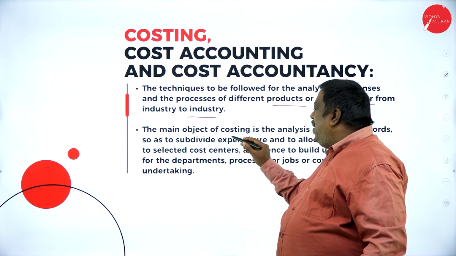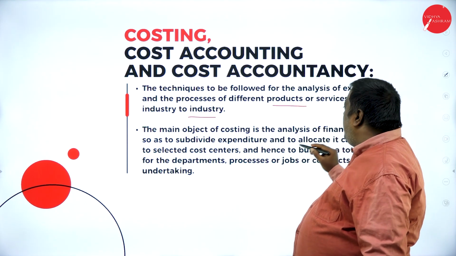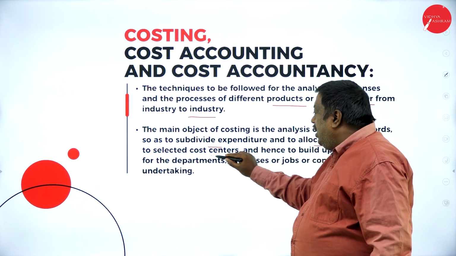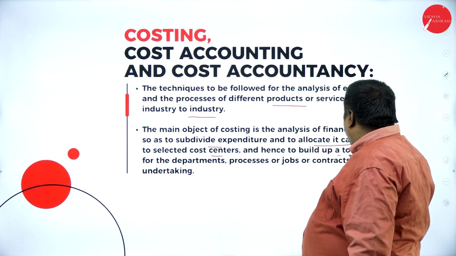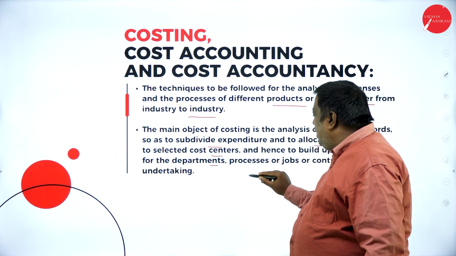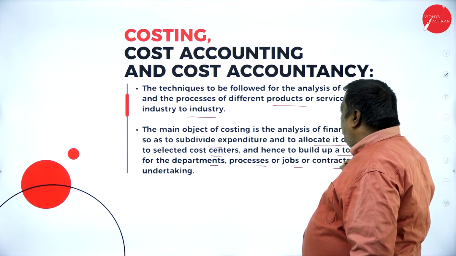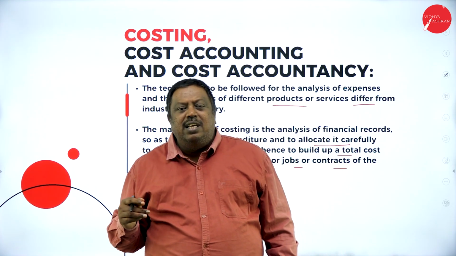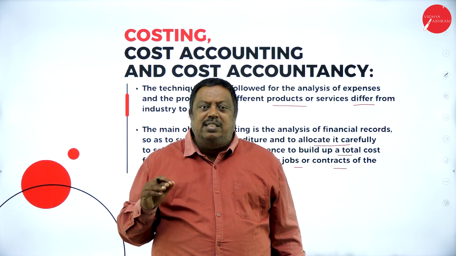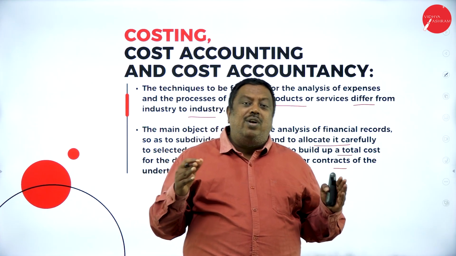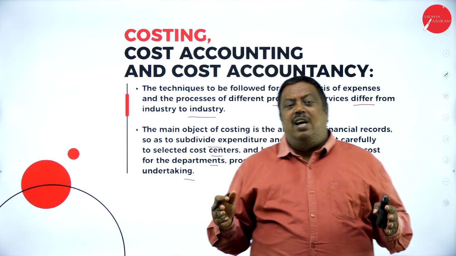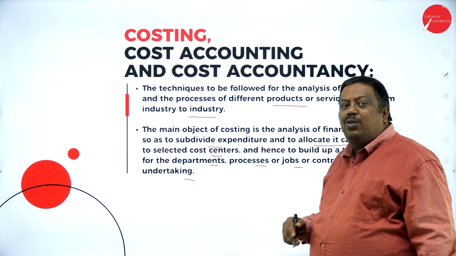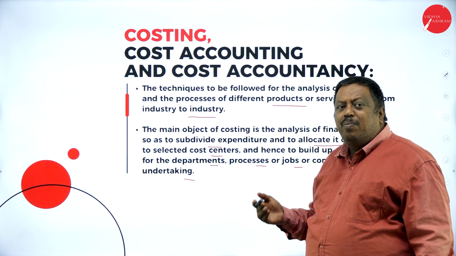The main object of costing is to analyze the financial records, subdivide expenditure, and allocate it carefully to the selected cost centers, to build up a total cost for the departments, processes, jobs or contracts of the undertaking. So before fixing any price, take all the things into consideration and allocate them department wise, according to the centers, and then you fix the prices for the products.